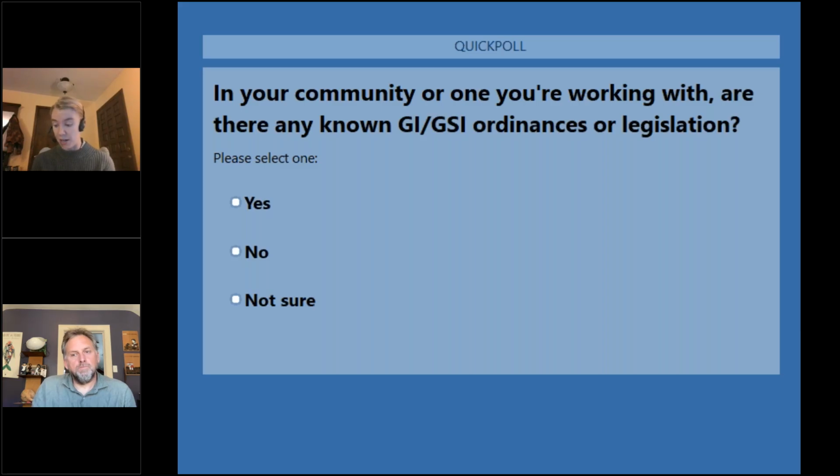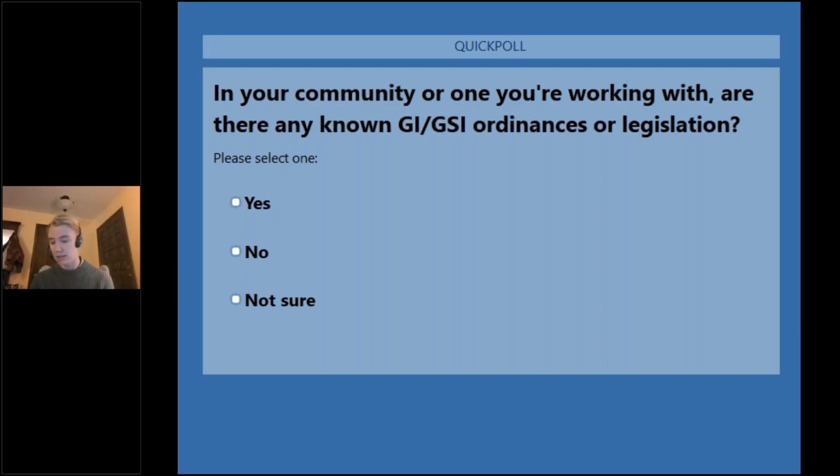And if you do know of any, or if you have legislation that you know is in the works, could you just put a note in the chat with a little bit of information about that ordinance, or links to it if you have them? Again, this is optional, but I would just be really curious to hear from everyone here about any local GSI green infrastructure ordinance.